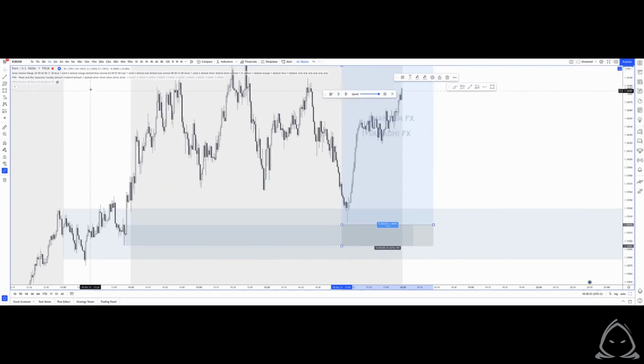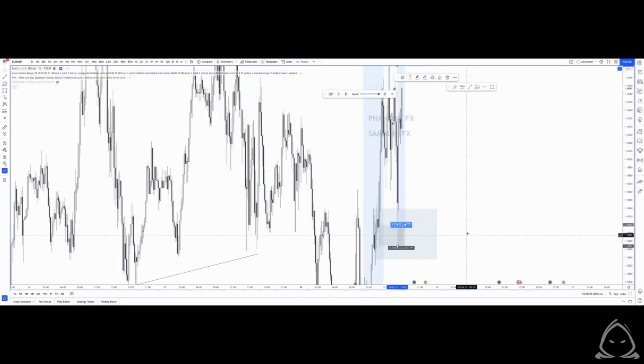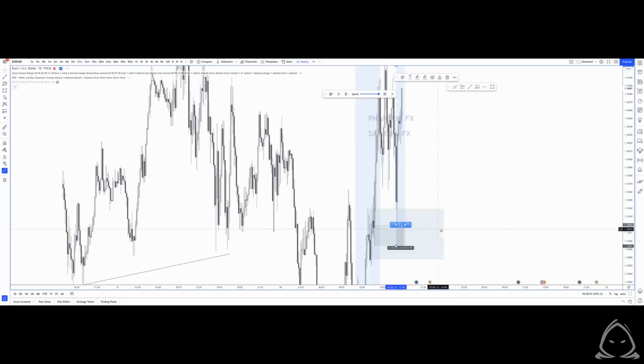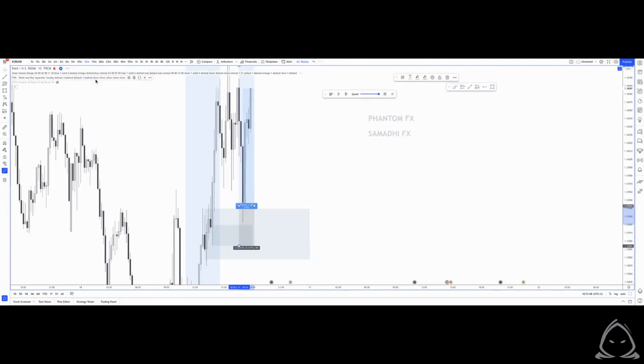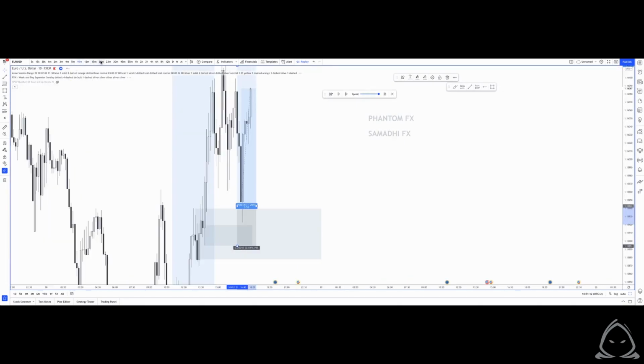If you use the 15 minutes, basically the intraday POI, use the entire level, but for me it's too big.